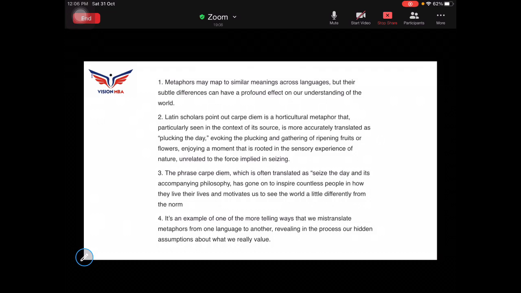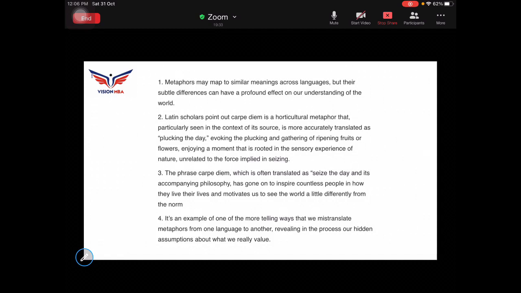The phrase "Carpe Diem," which is often translated as seize the day, and its accompanying philosophy has gone on to inspire countless people in how they live their lives and motivates us to see the world a little differently from the norm. It's an example of one of the more telling ways that we mistranslate metaphors from one language to another, revealing in the process our hidden assumptions about what we really value.